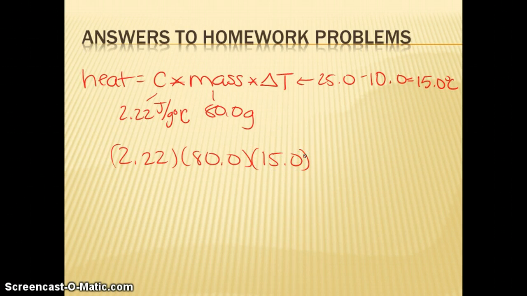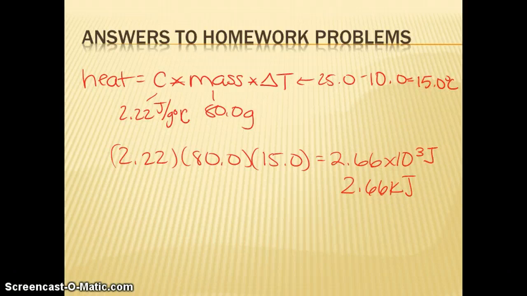We check our significant digits. We want 3 sig figs, and we're going to get 2.66 times 10 to the 3rd joules. That answer's fine, or you can just mark it as 2.66 kilojoules. Either one of those answers is fine.